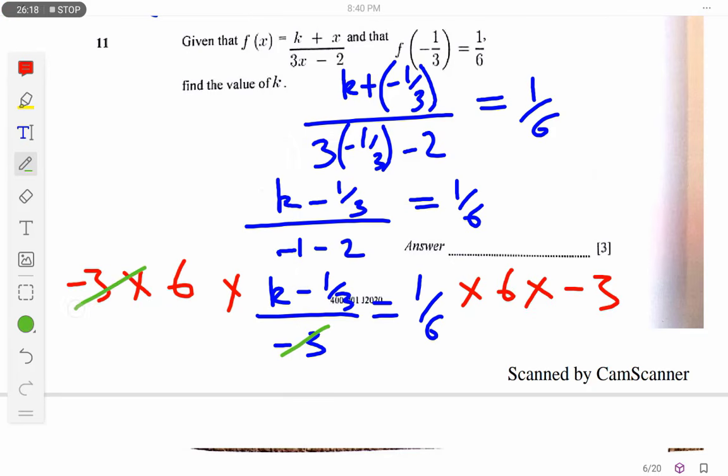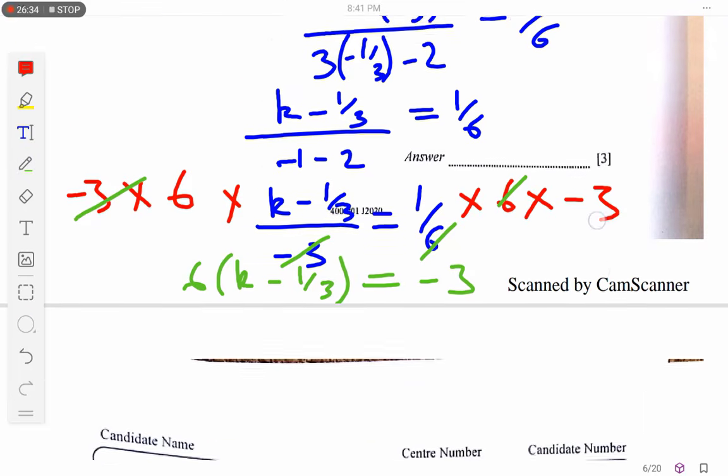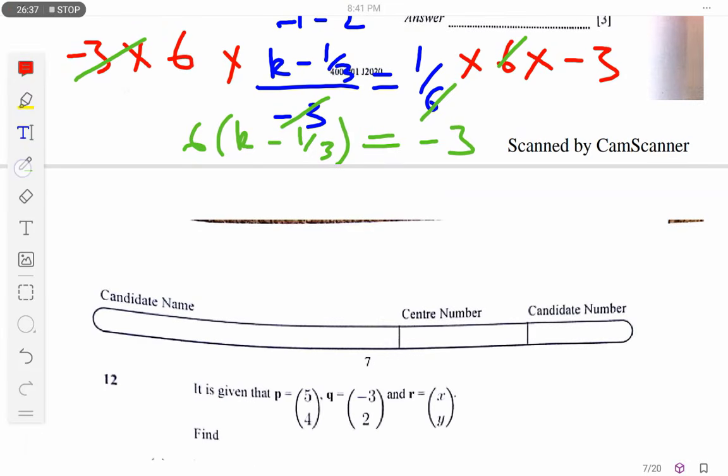This 3 will cancel off with that one, 6 will cancel off with that one, and I'll get 6 multiplying k minus 1 over 3 is equal to 1 times minus 3, which is going to give us minus 3. So we are now solving this part. Solving that part, we'll get 6k minus 6 times 1 over 3, I'll get a 2, is equal to minus 3.